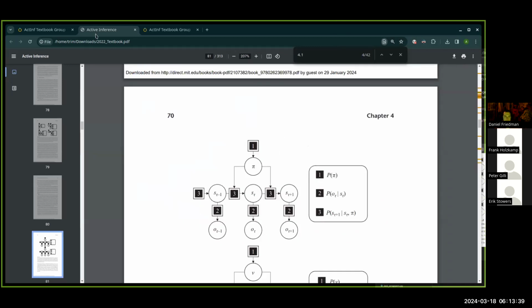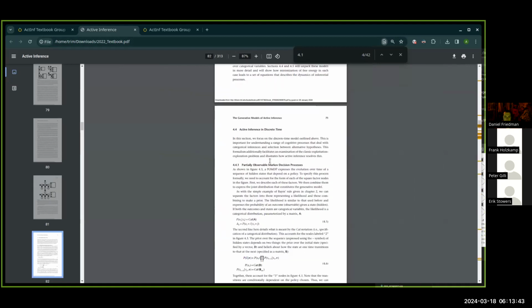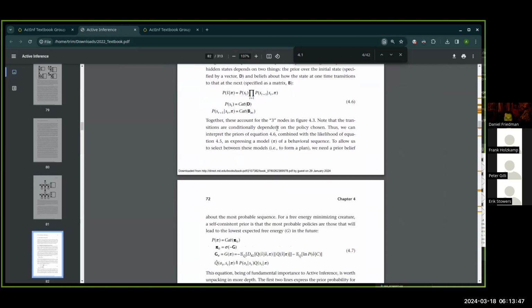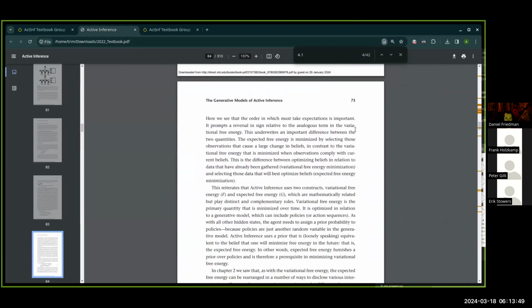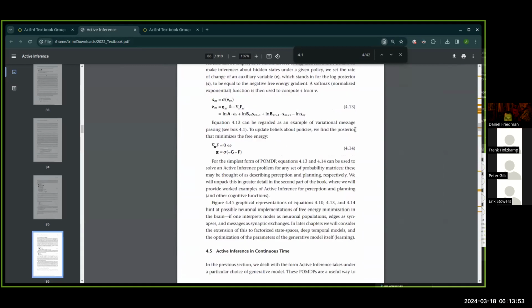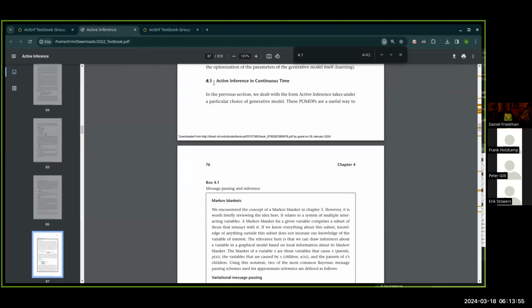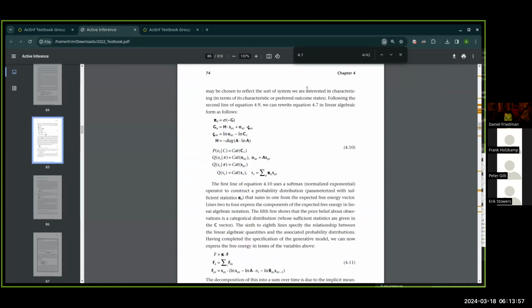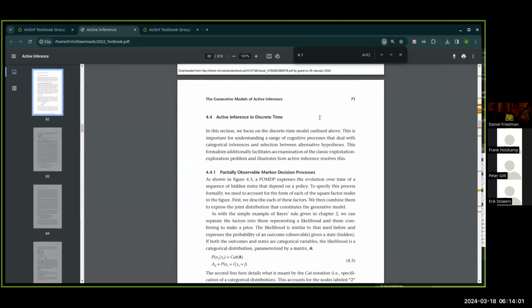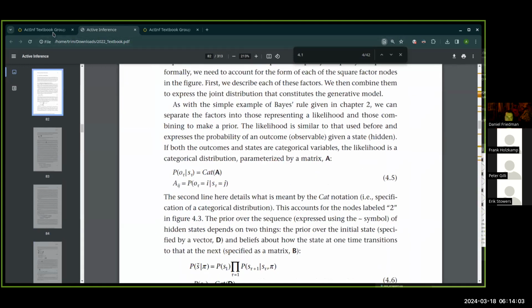And then from there, section 4.4, it's a little bit more involved. We can take all of these ideas that we've been introduced to, likelihoods, transitions, and so on, and map those out to different components of our model. So now a likelihood model is called an A matrix or A tensor.